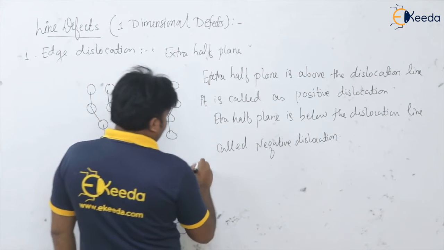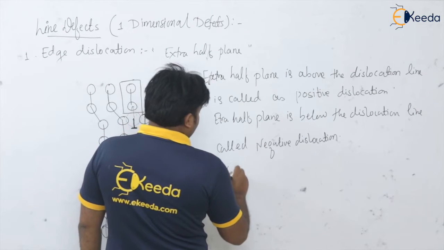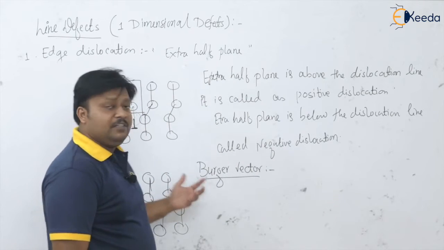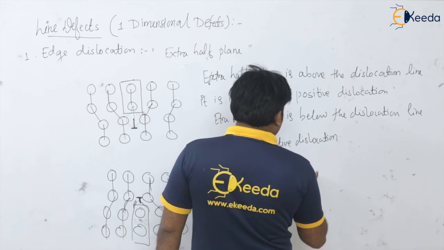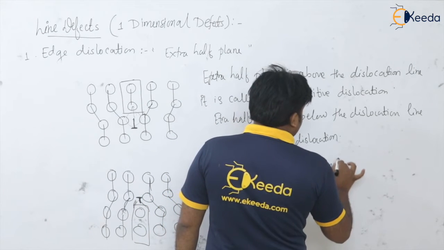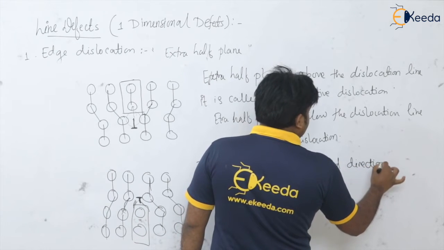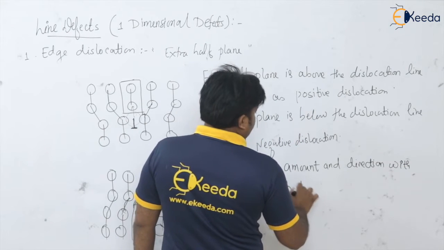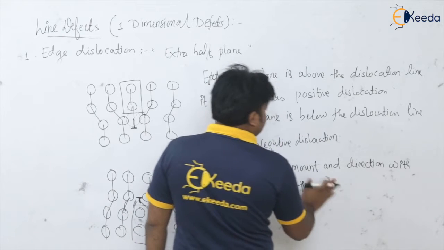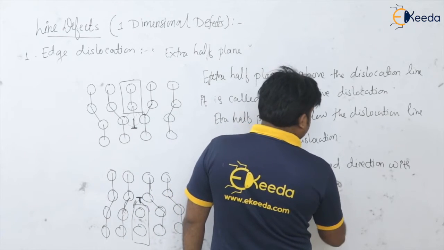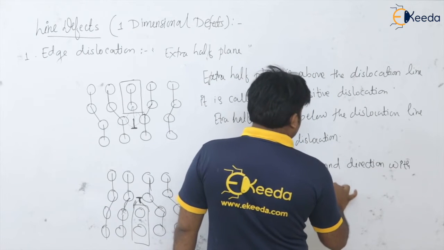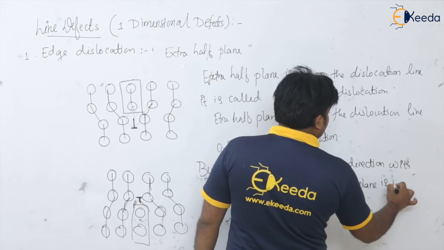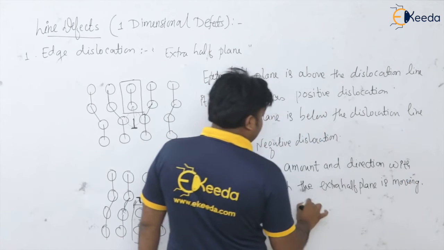So the Burgers vector is also going to give us the amount and direction with which the dislocation, or the extra half plane, is moving out from the regular arrangement.